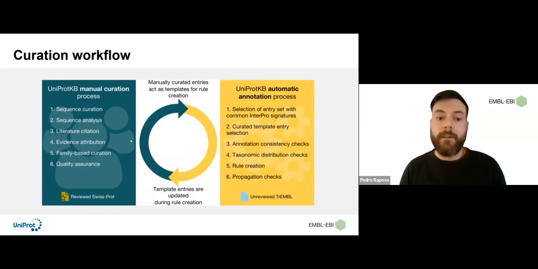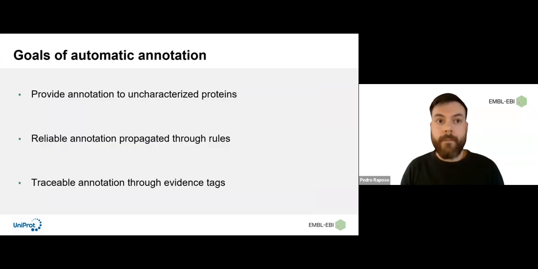On the opposite side, Swiss-Prot entries are used as templates to create rules to automatically annotate, to propagate annotations to TrEMBL. So as a summary, our goal with these systems is to provide functional information to proteins that cannot be manually reviewed. And these systems are reliable and traceable, as we are going to see in the next slides.